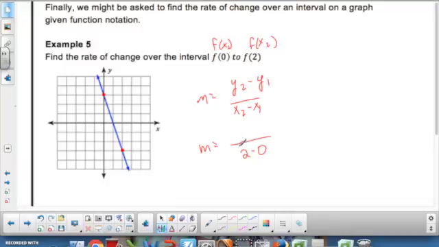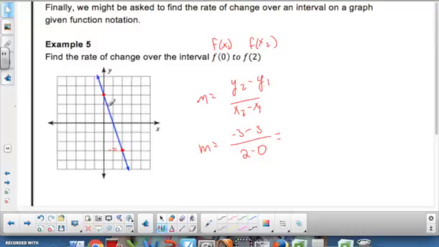So the outputs that correspond to those: when f of 0, the outcome is 3 on my y-axis, and at f of 2, I'm at negative 3.